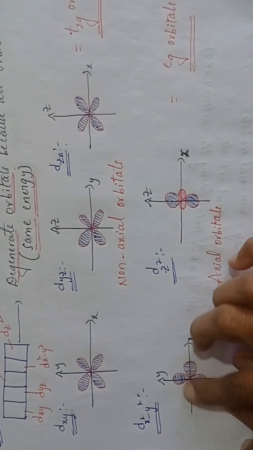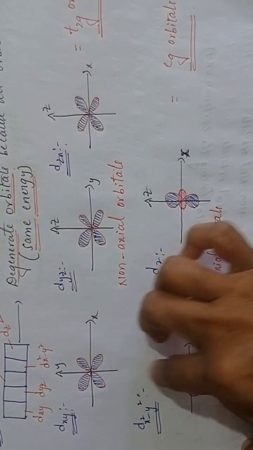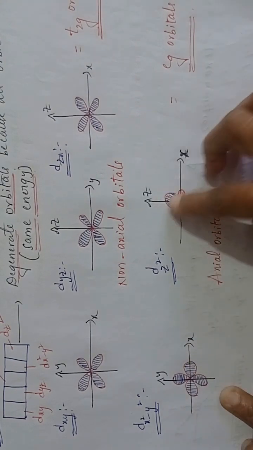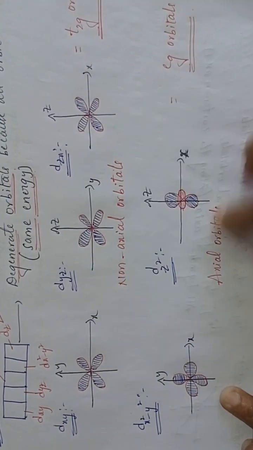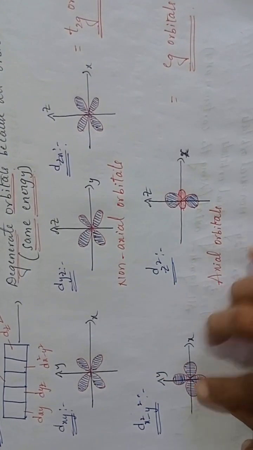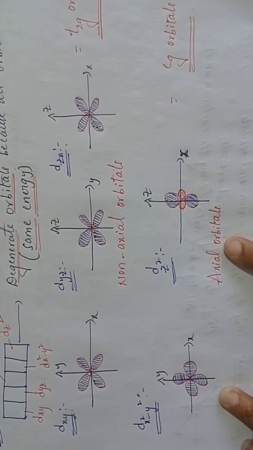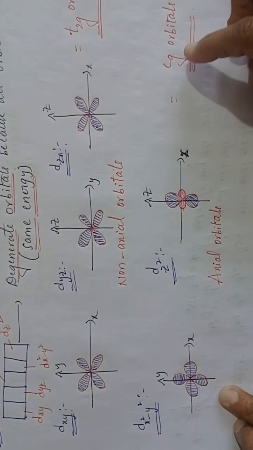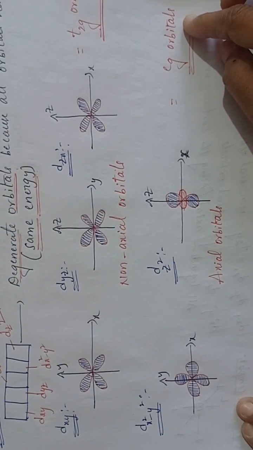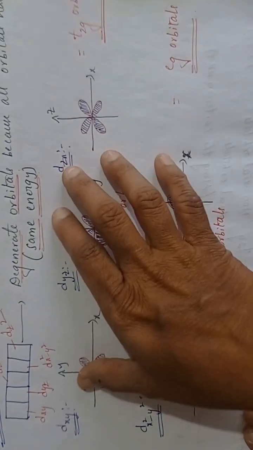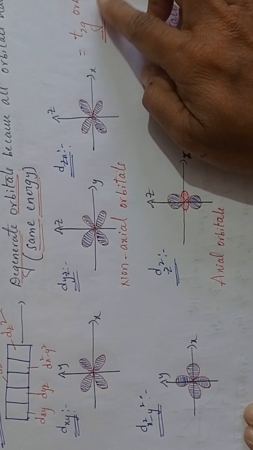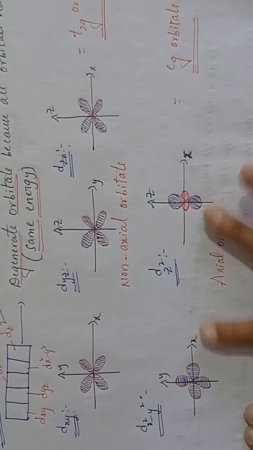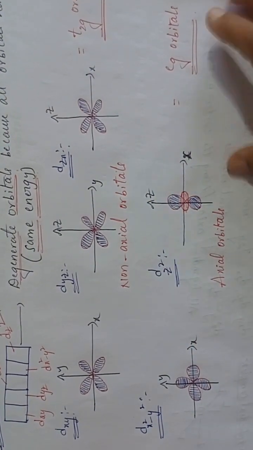That means these lobes are present along the Cartesian axes. That's why these two are called axial orbitals, and they are named eg orbitals. So the non-axial orbitals, these three, are named T2g, and these two are named eg.